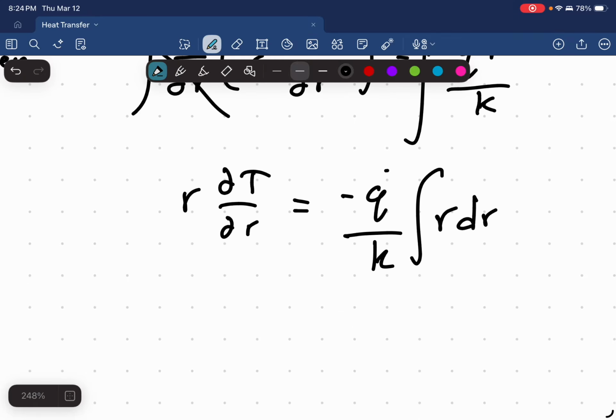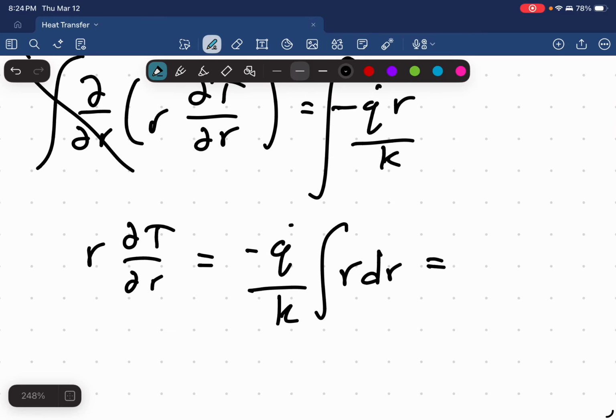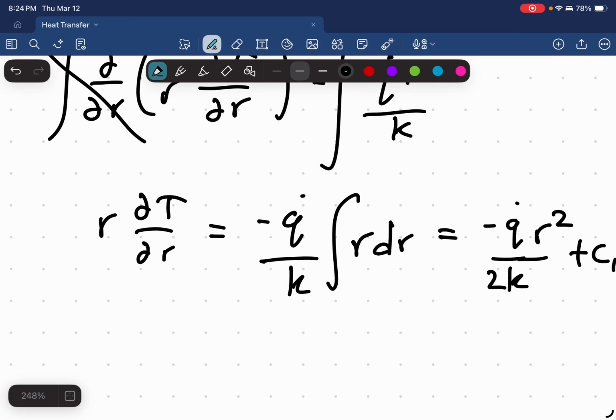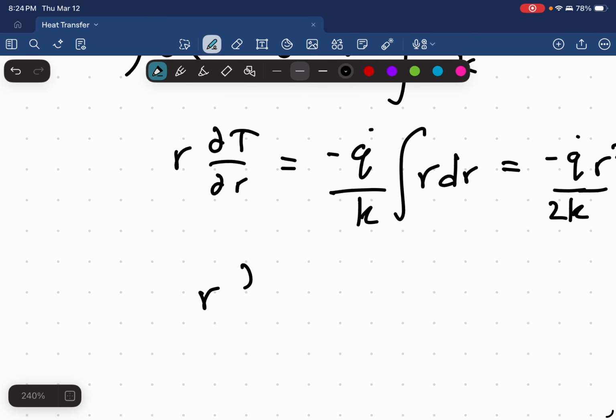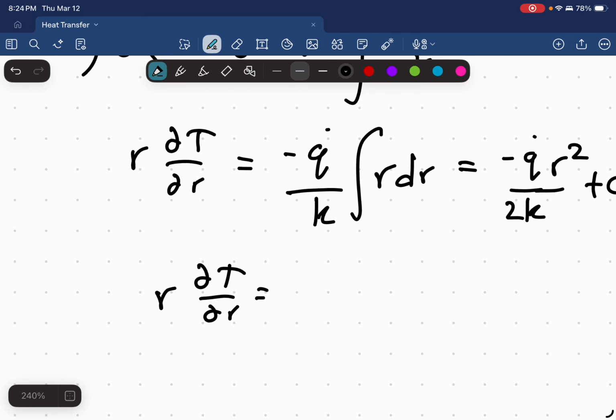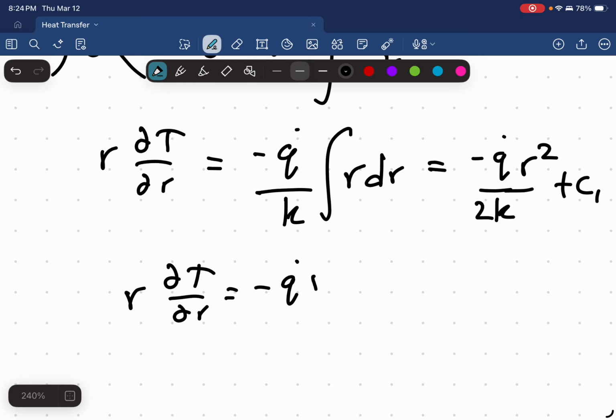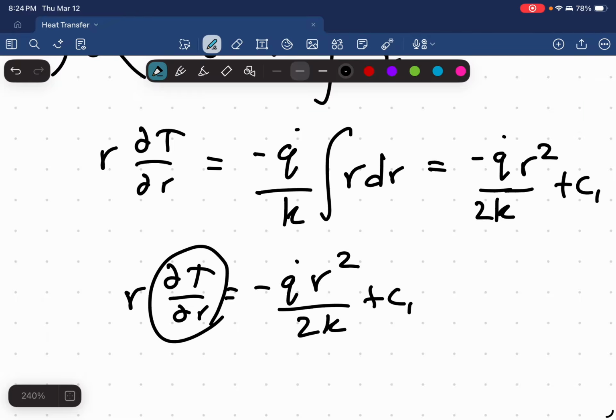This is going to turn into, okay. So our equation that we have is this. Now we need to divide by r on both sides to isolate this derivative right here.